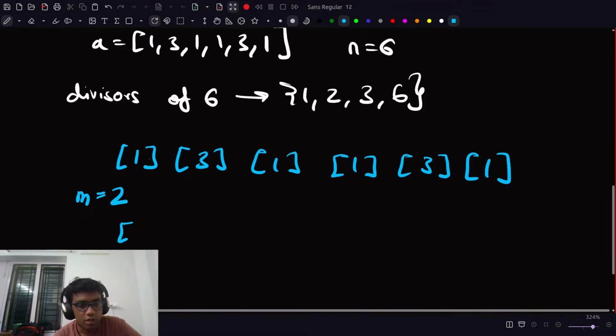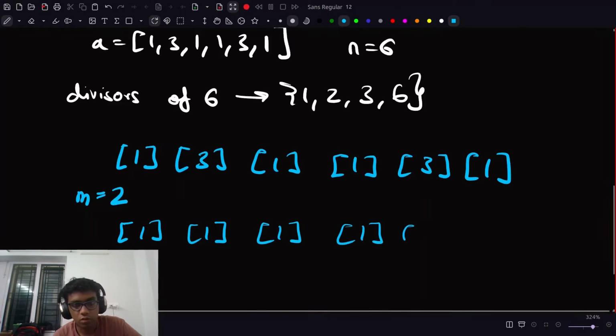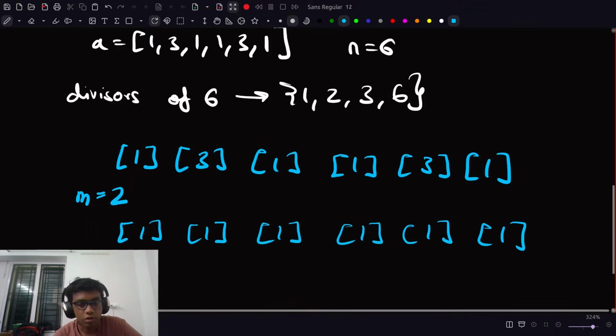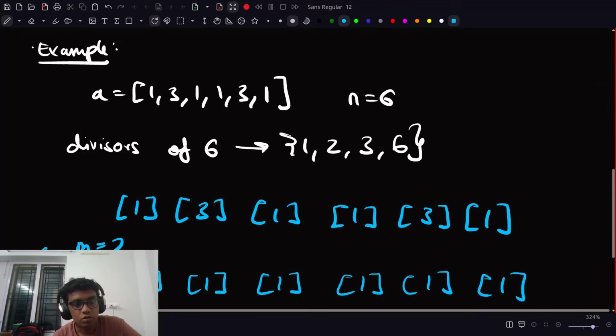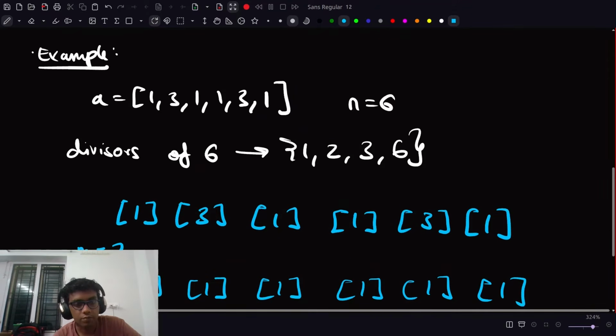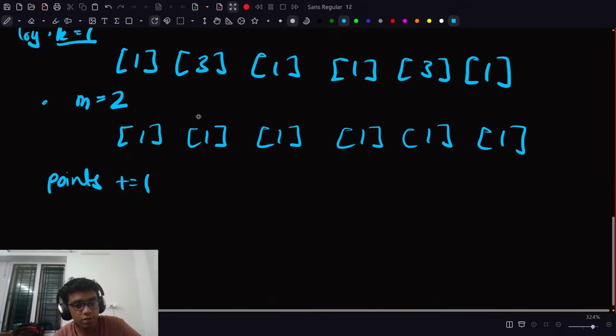Then on modding we get 1, 1, 1, 1, 1, and 1. As you can see, all these smaller partitions which we have made are equal. So we add a point, points becomes plus 1. So at m equals 2, this divisor k equals 1 is satisfied.